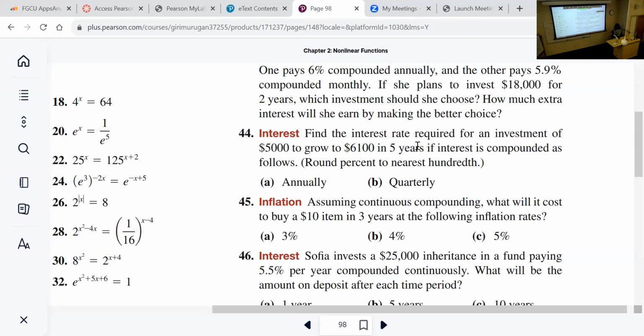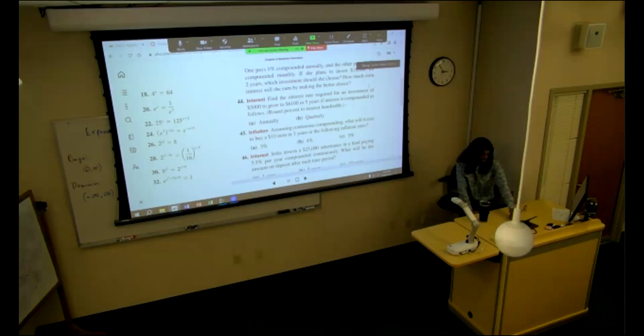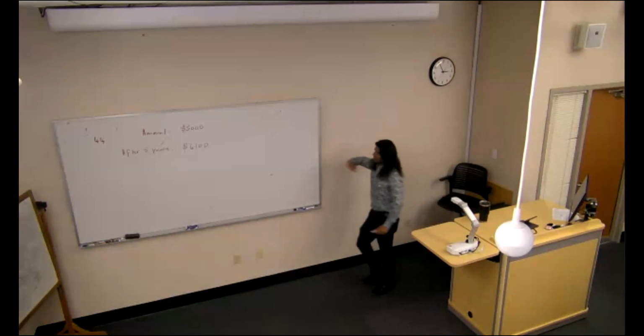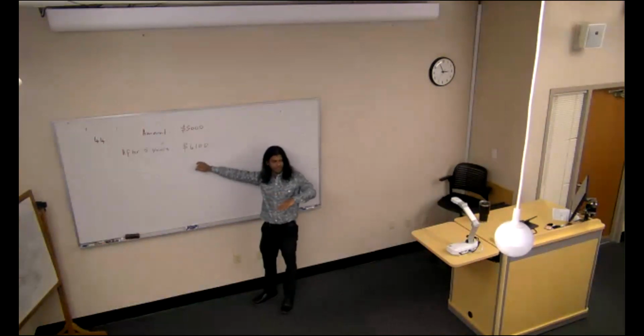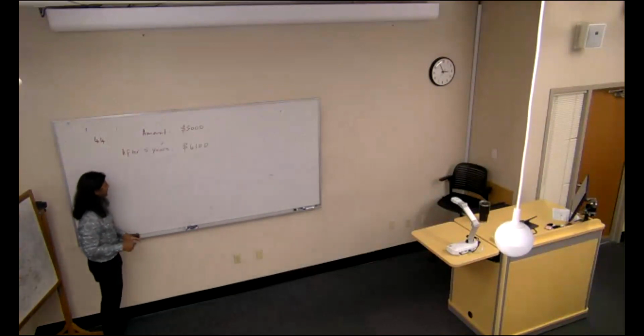And we write that problem down. Yes. Good. I'm going to write also, so we don't worry. So you know the amount when you first start, 5,000, and after 5 years it becomes 6,100. The rate is not given to you.